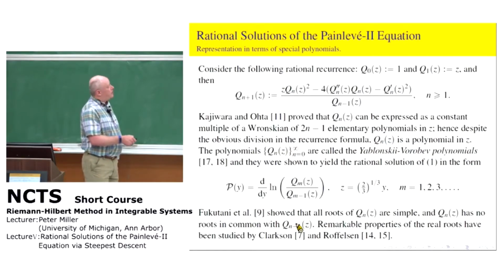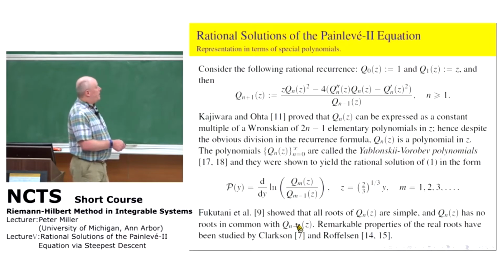And they were shown to yield the unique rational solution of equation 1 in the form of a logarithmic derivative of a fraction of the consecutive polynomials, and here you should just substitute the z variable proportional to y in this way. Okay, so that's related to the scaling of our Painlevé 2 equation, the way we are writing it.